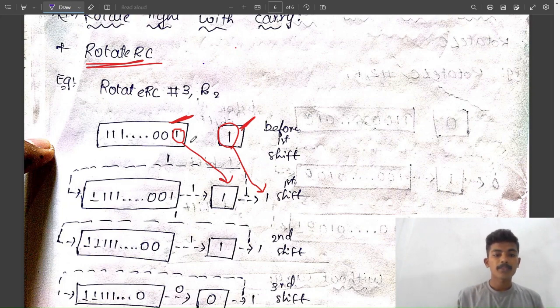As we have performed the rotate right shift, a vacancy is created here. This vacancy is replaced by the previously present carry, that is this one. So this one is used in filling the vacancy.